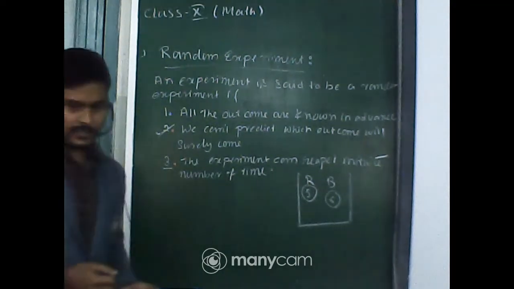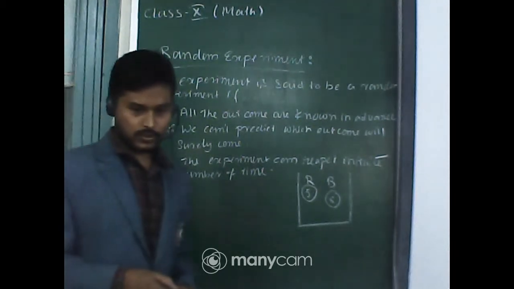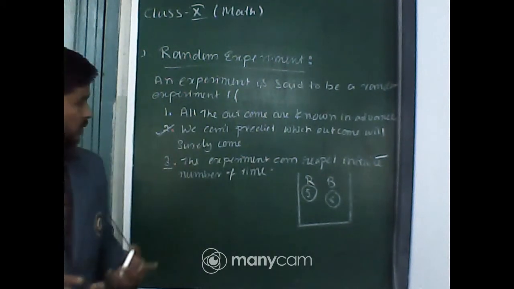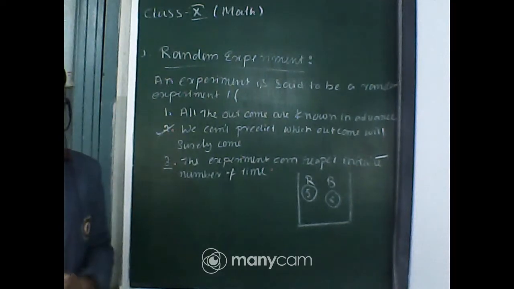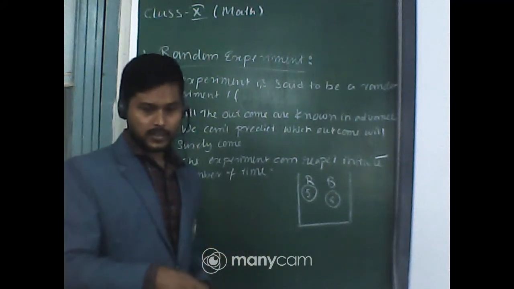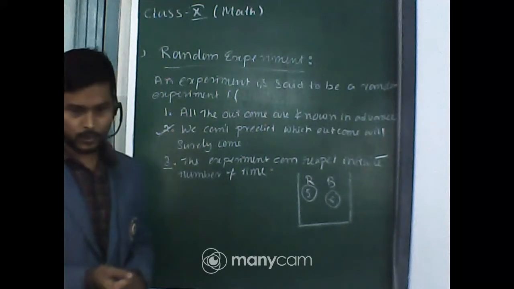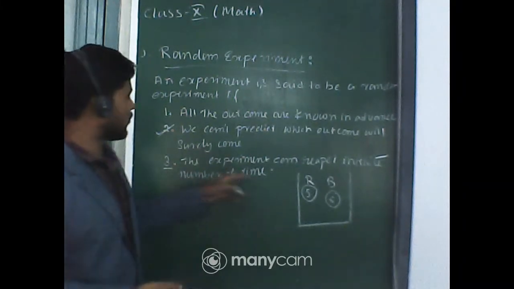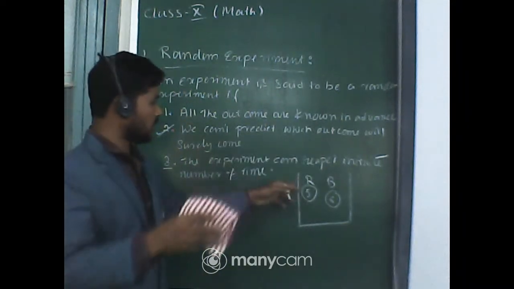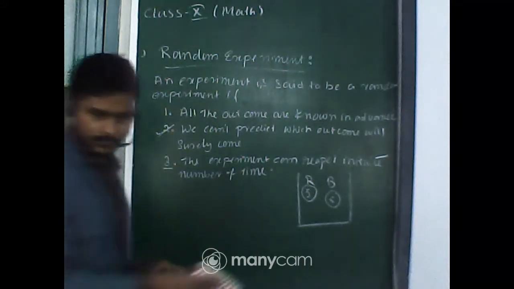It may be red or it may be blue. Before doing the experiment, we can say that the result will be either a blue ball or a red ball. But you can't say that the ball you pick will definitely be blue or definitely red. And the third condition is we can repeat the process infinite number of times.